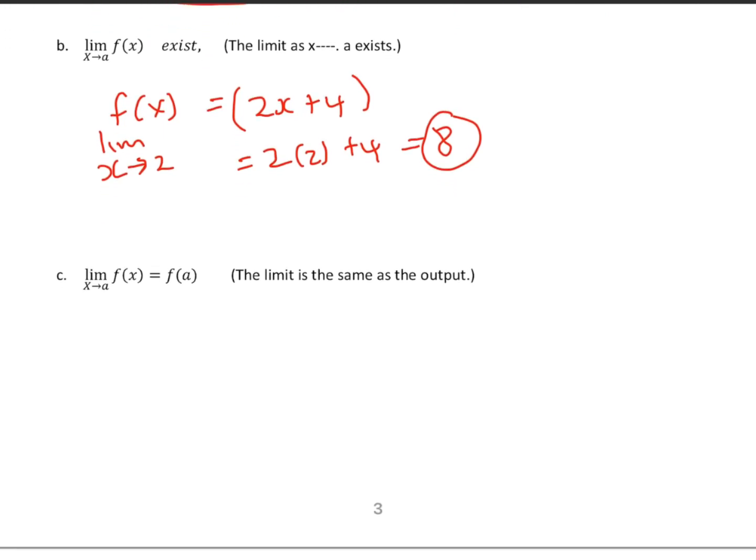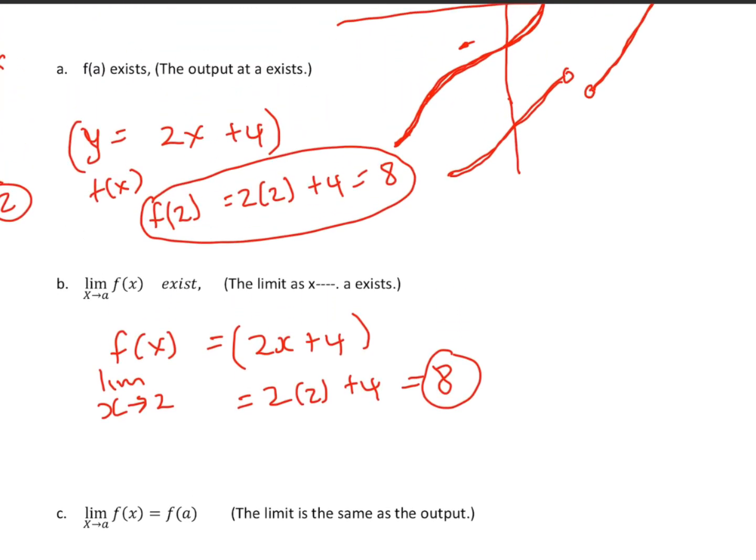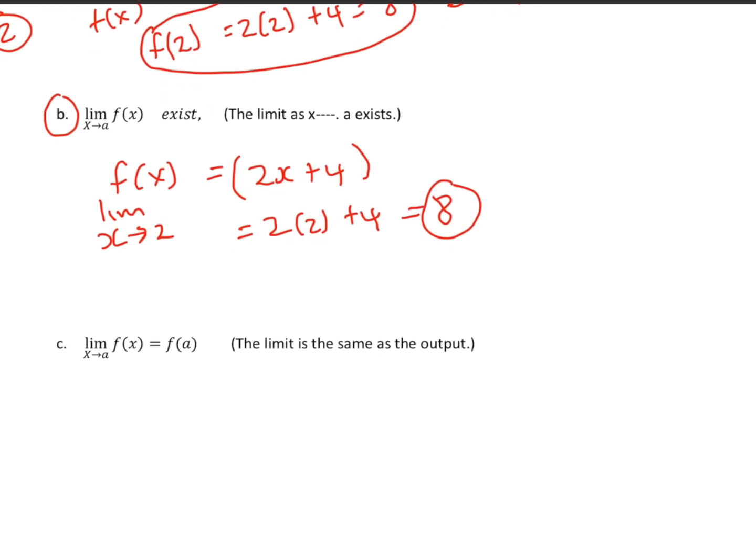The last condition is that the limit of the function f of x must be equal to f of a. So when you satisfy the first two conditions, you need to just compare the two values. Are they the same? If they are the same, it means that the function is continuous.